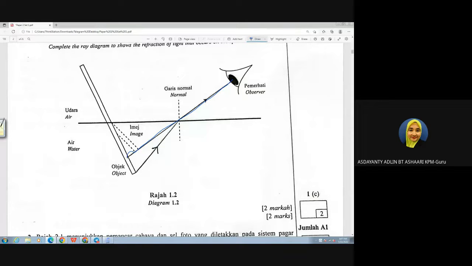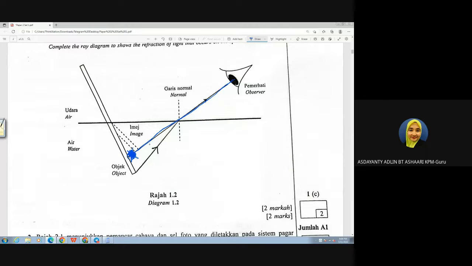Bahagian ni tak ada sebab saya dah terlukis guna pensel tadi. Nak padam tak boleh sebab saya dah scan gambarnya. So first you draw the line from the image direct to the observer's eye. So this is the line that we saw.